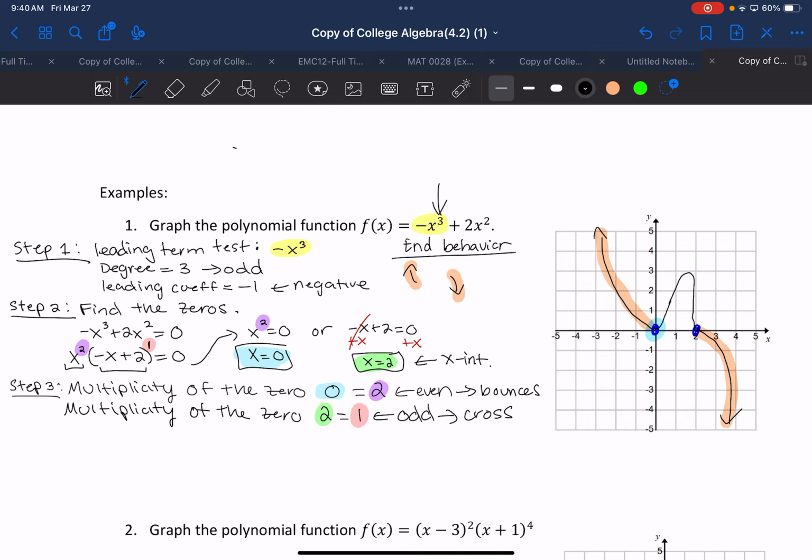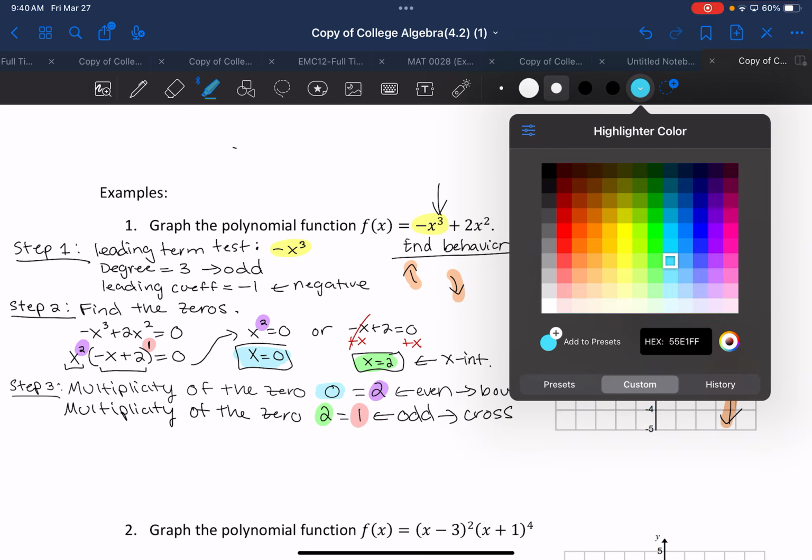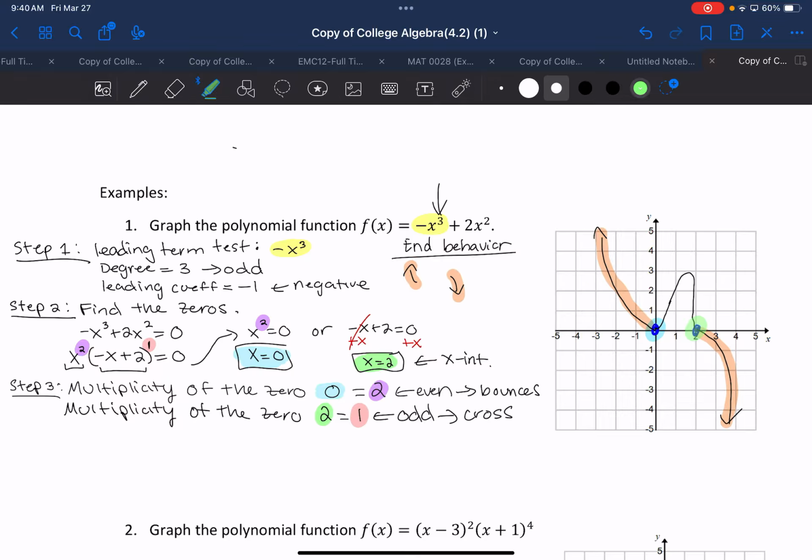I don't know how high it's going up right now, that was just a rough estimate. But it has to go up some and then come back down. And then the x-intercept of 2, which is right here, has to cross, like we said. So it's crossing.